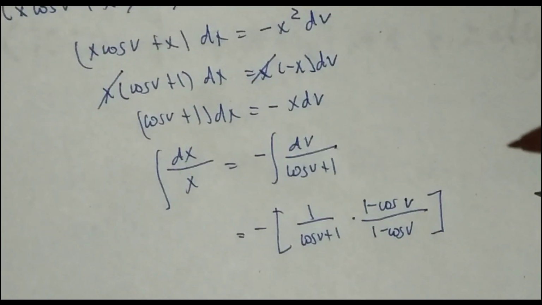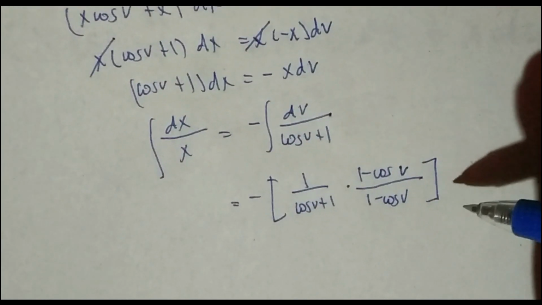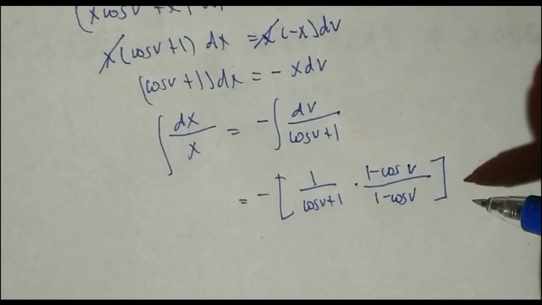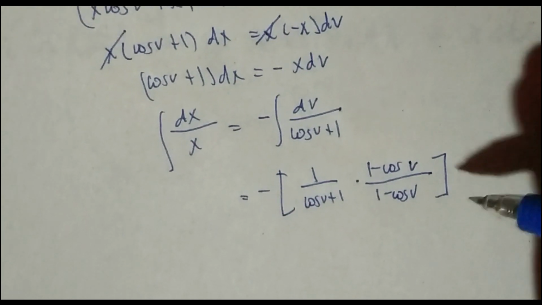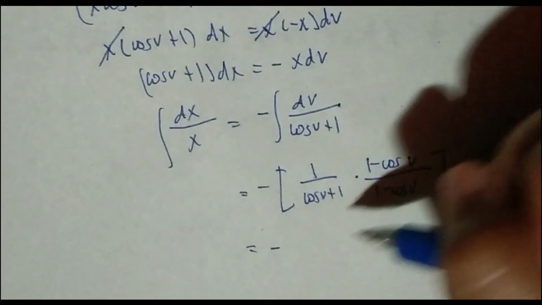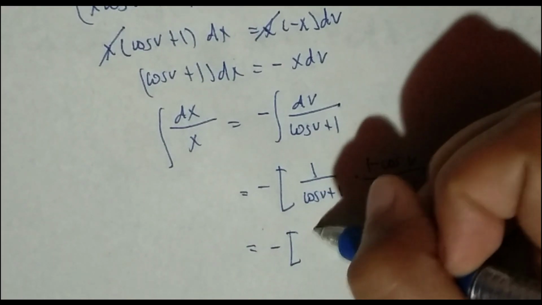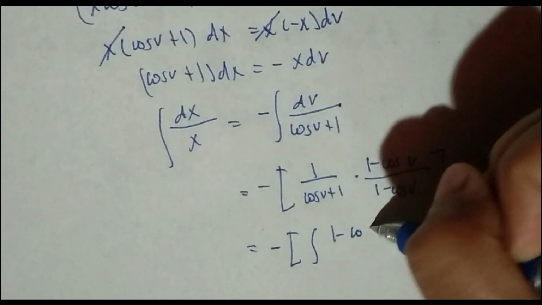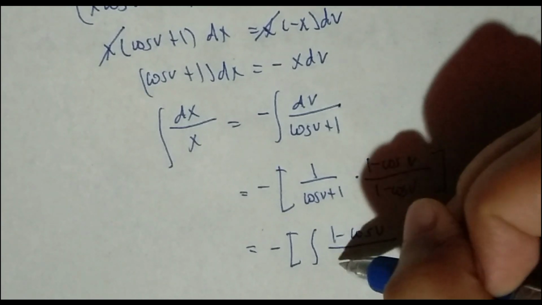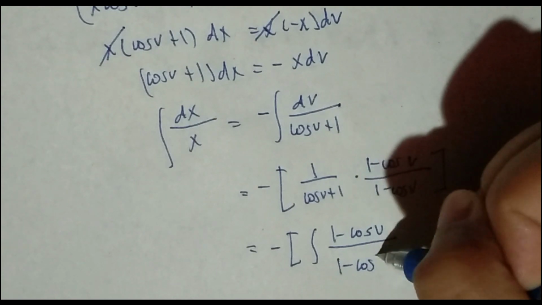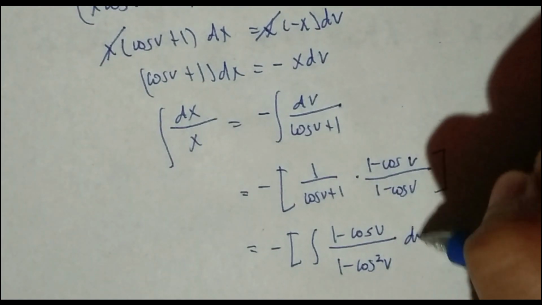We will multiply this so that our process of integration will be much easier. So this will result to the integration of (1 − cos v) over (1 − cos squared v) dv.